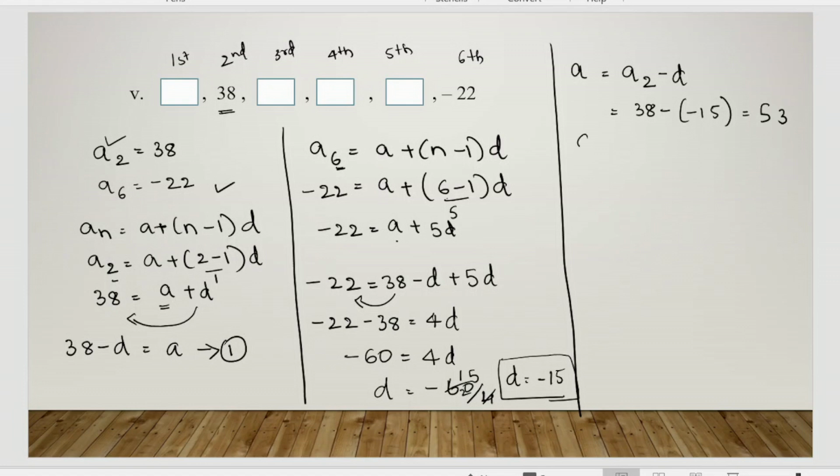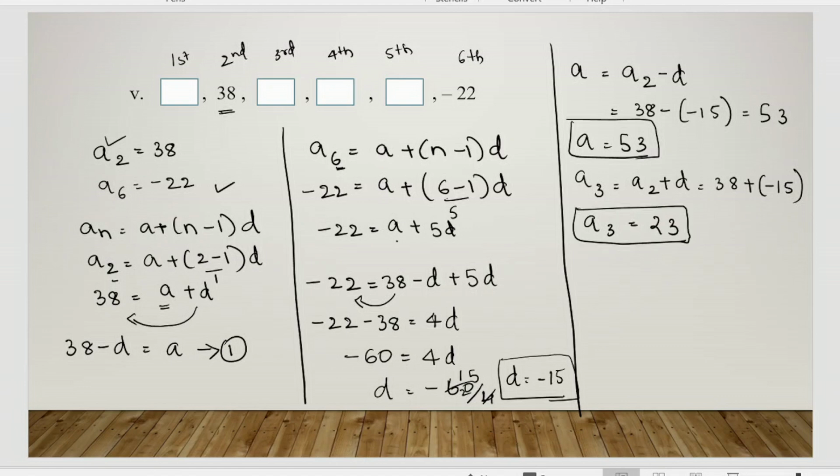So a is 53. And A3 will be A2 plus d. A2 is 38 plus d, which is minus 15, so 38 minus 15. That is, A3 will be 23.